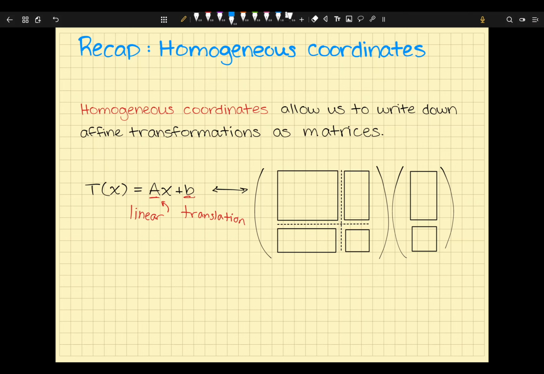And so we stick them into a matrix like this. So A goes here, B goes there, and then on the bottom row we have zeros, and in the bottom right corner we have a 1, and then X is here, and 1 is there. This was homogeneous coordinates. It allowed us to write down an affine transformation as a matrix.